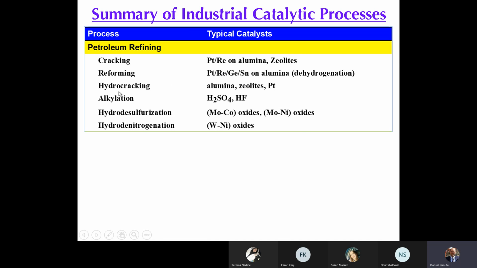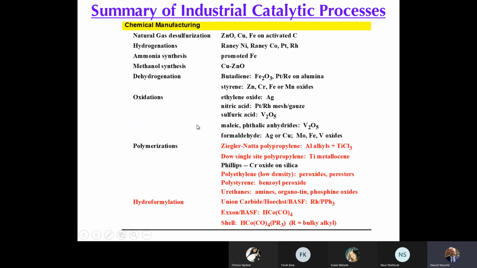We have alkylation, we have hydrocracking, we have hydrodesulfurization. We use the Mo and Co oxide catalyst. So these are the international industrial catalytic processes. And now we want to choose some of these industrial processes in order to propose a convenient mechanism.